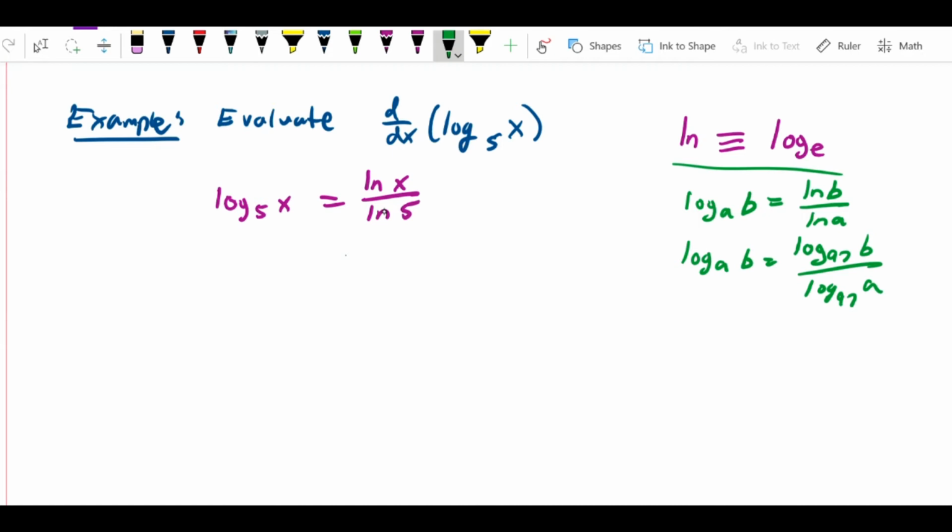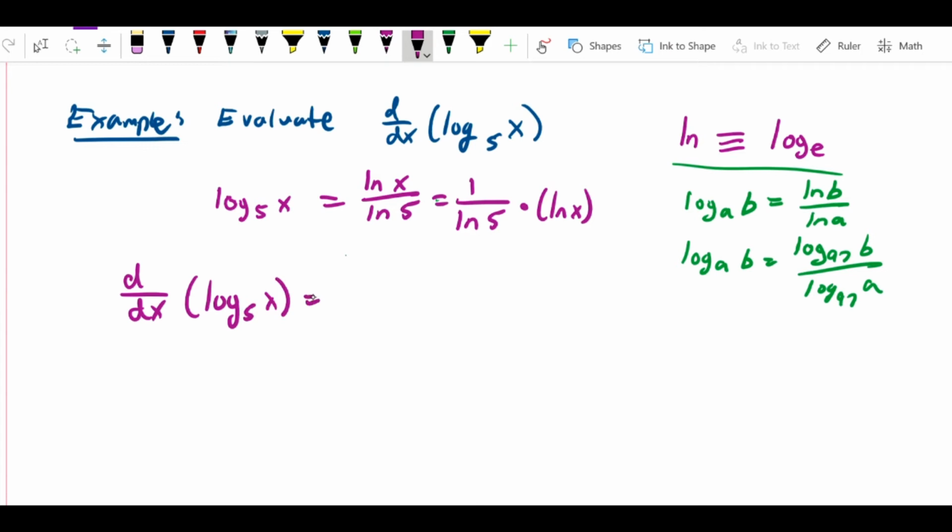So the thing to recognize, of course, is that ln x is still a function, but ln 5 is a constant, so this can be written as 1 over ln 5 times ln x. So now it's fairly easy to see that the derivative of log base 5 of x is equal to the derivative of this constant, 1 over ln 5, times ln of x.